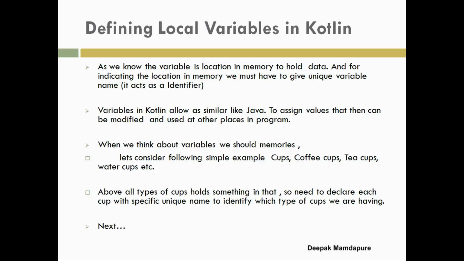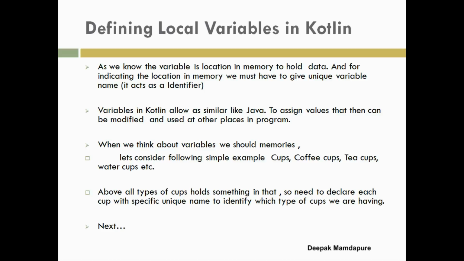Now coming to an example of a variable. I have given cups as an example: coffee cup, tea cup, water cup. These are the variables, and as per the definition, a variable can hold some data.